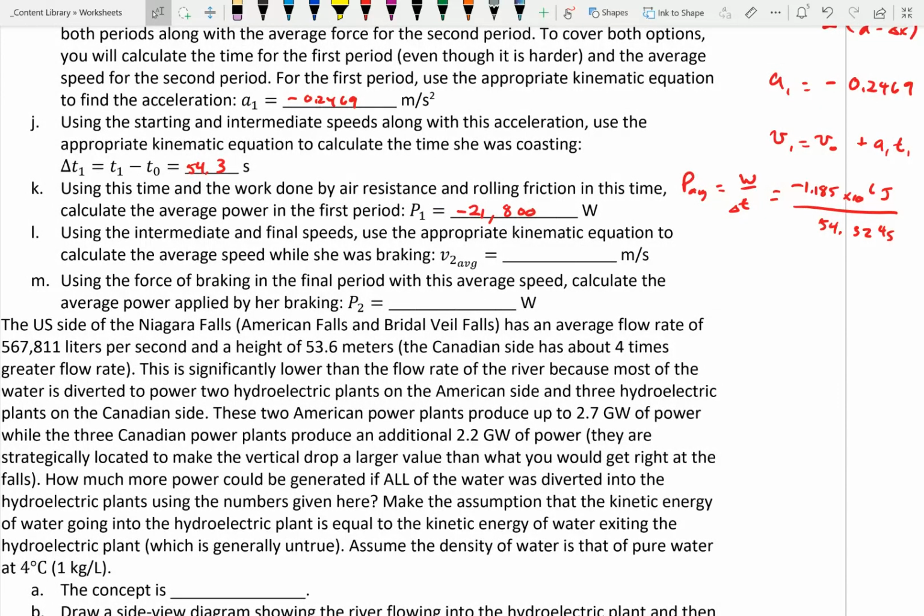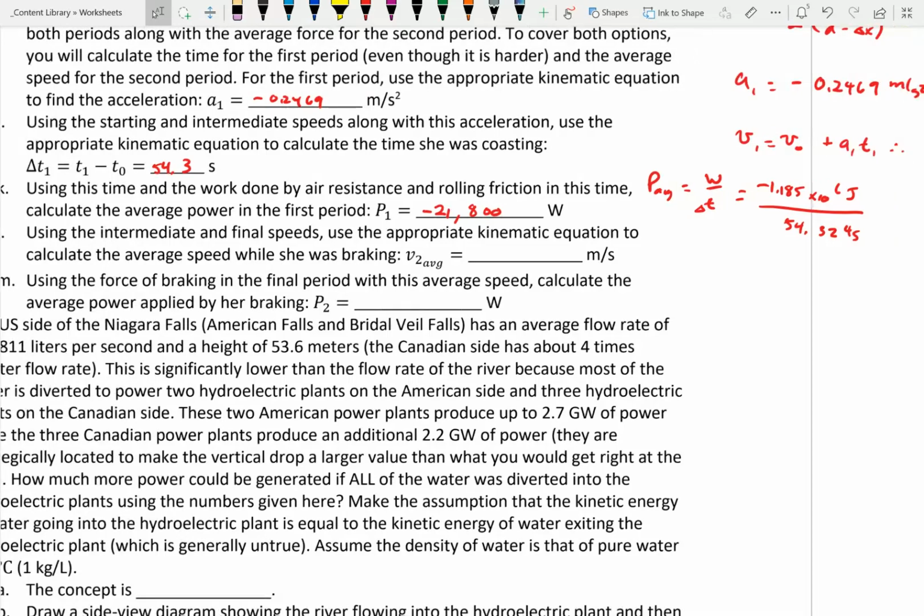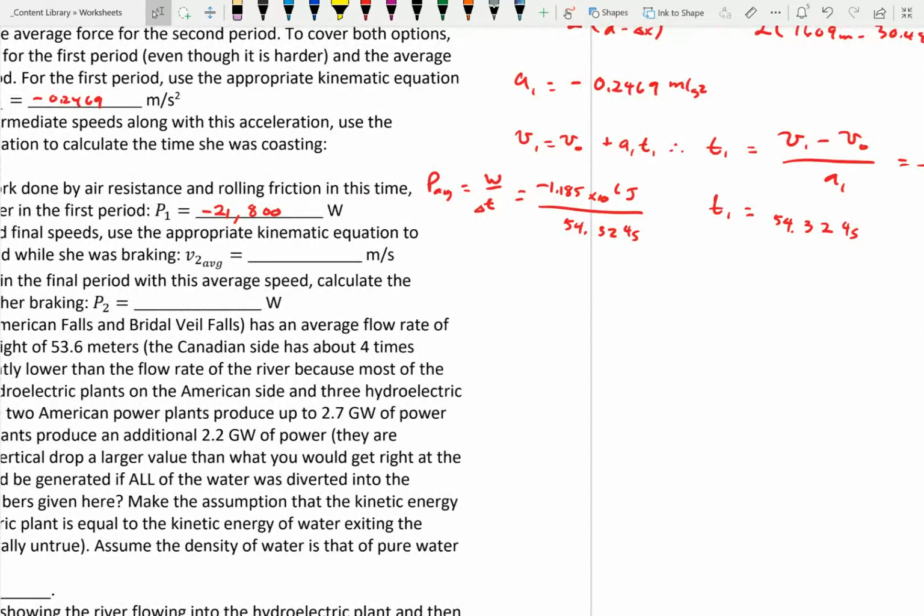And then we want to calculate the power from the braking. And this time we're going to find the average speed and do force of friction dotted with speed. So the force of friction, we already know. The average speed, V2 average, is equal to V1 plus V2 divided by 2. So that's going to be 45 miles an hour would have been easy, right?